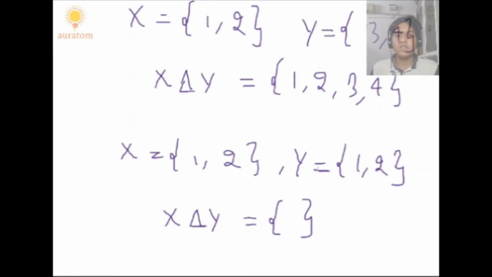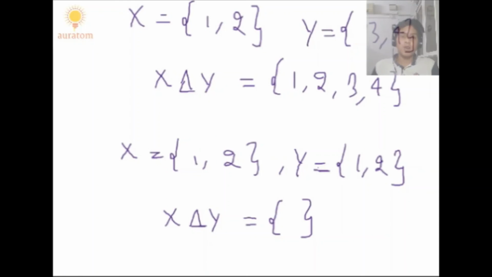Why? Because there is nothing different, there are no different elements from x and y. All the elements in x and y are common to each other. So the set x delta y is a null set.